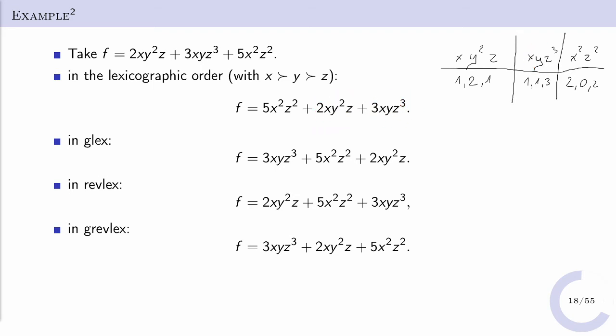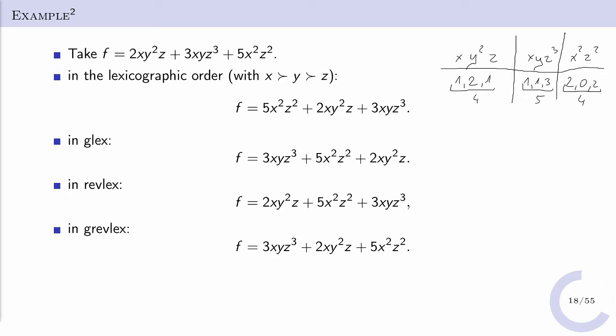So this was lex. And now let us look at glex, graded lexicographical order. So first of all, we must look at the total degree of each of the monomials. So we need to look at the sum of exponents. Here we have 4, here we have 5, and here we have 4. Of course, 5 is bigger than 4.